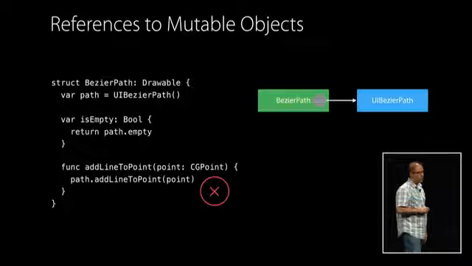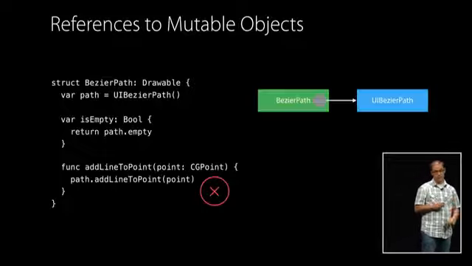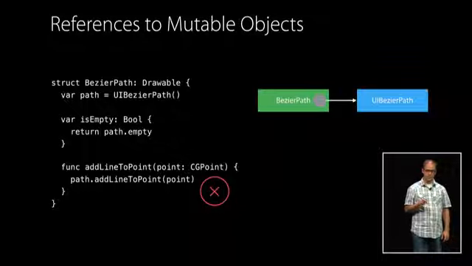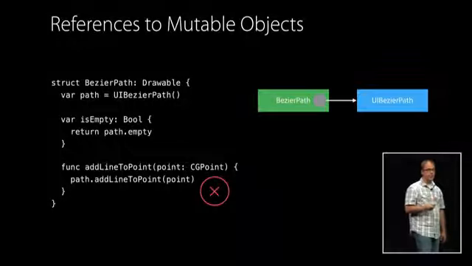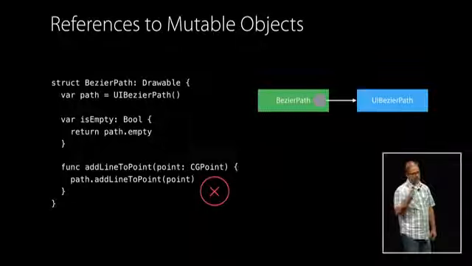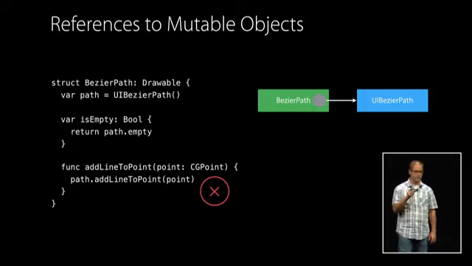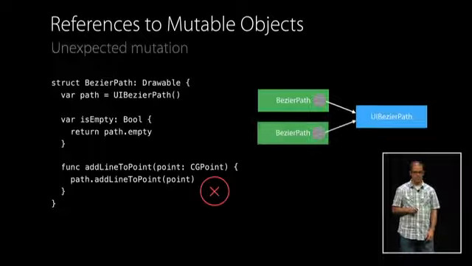But on this one below, we have this addLine(to:) method, and if we have 2 Bezier paths pointing to that, it's going to cause problems. Also notice here, we don't have the mutating keyword there. That's a sign that we know we're mutating because addLine(to:) is there, but the compiler's not yelling at us about it. That's because path is a reference type. We'll look at that again in just a moment.